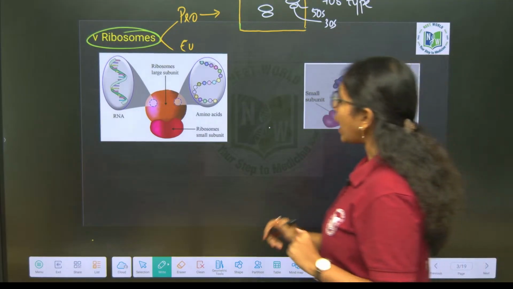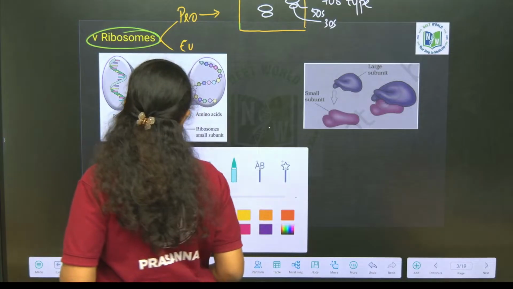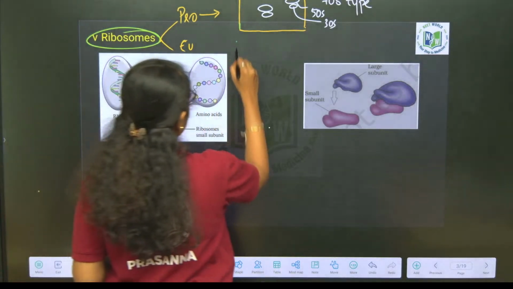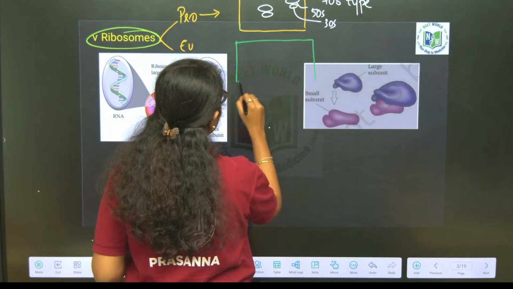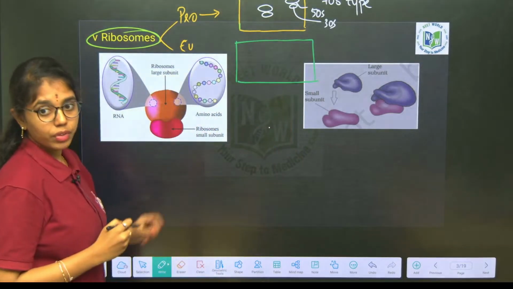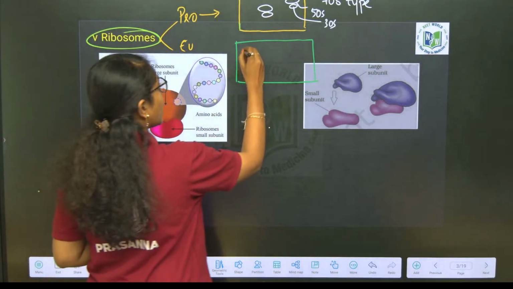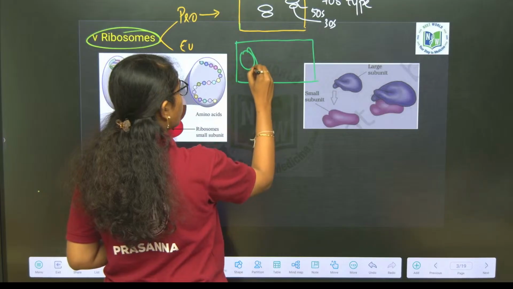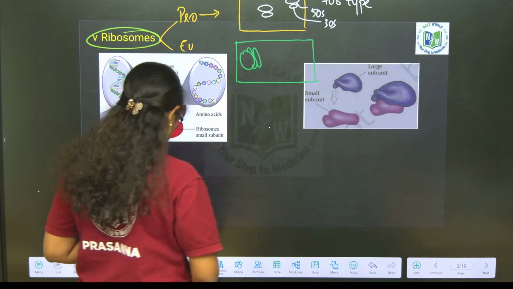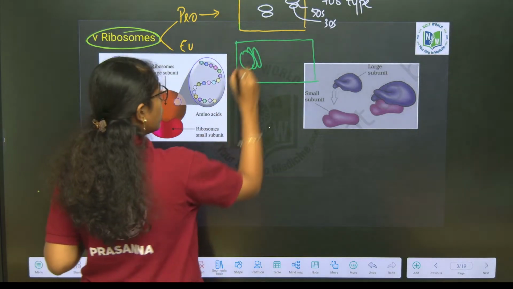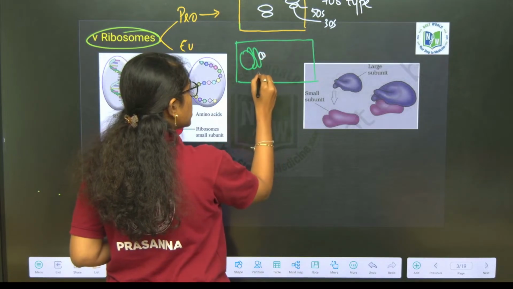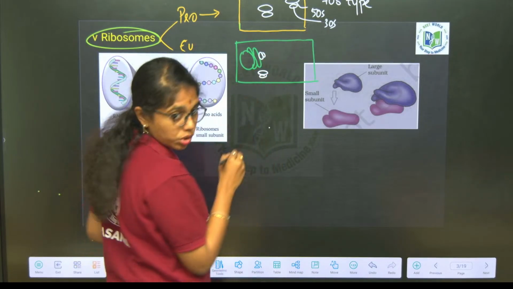Next, where are the ribosomes present in a eukaryotic cell? That is the question. First, over the extensions of endoplasmic reticulum, ribosomes are present, yes or no? Yeah, and inside cytoplasm you can see ribosomes, fine.